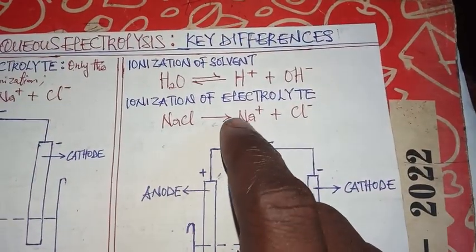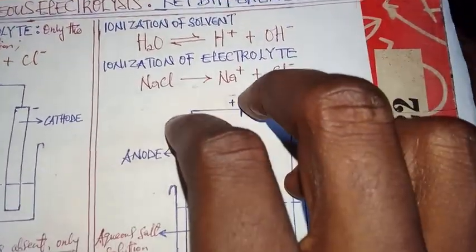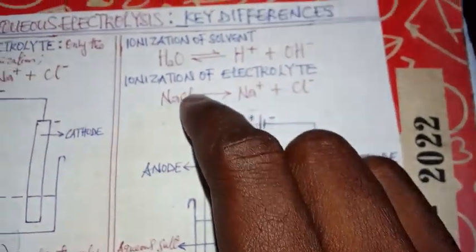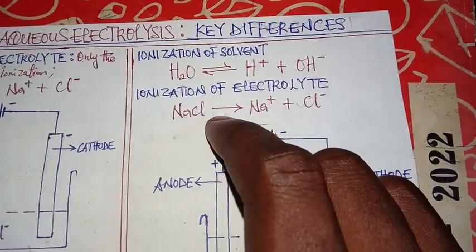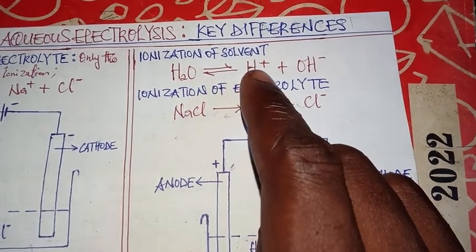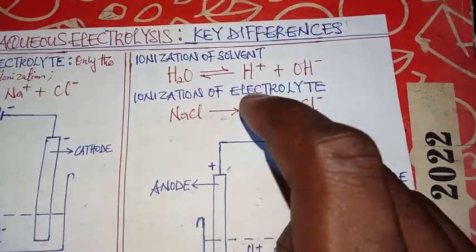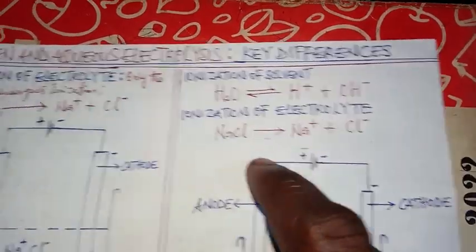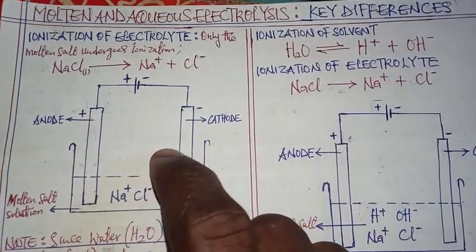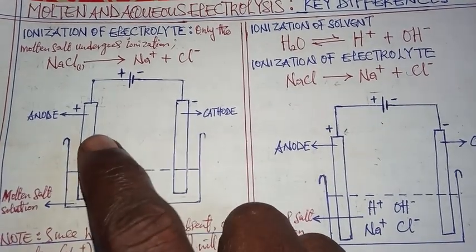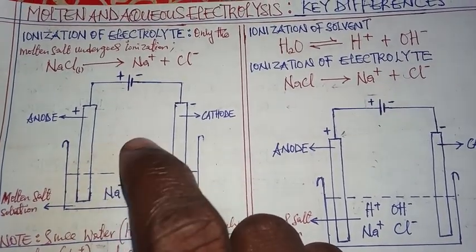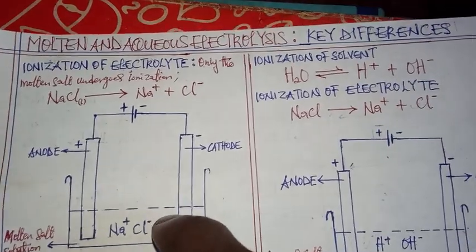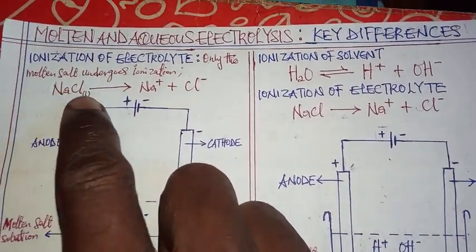But when we come to aqueous electrolysis, we are saying that we are dissolving the compound to be electrolyzed inside water. So that is the process we are following to convert it from solid to liquid by dissolving it inside water. So in molten electrolysis, since water is absent, when current is passed into the electrolytes, the ionization of only sodium chloride occurs.